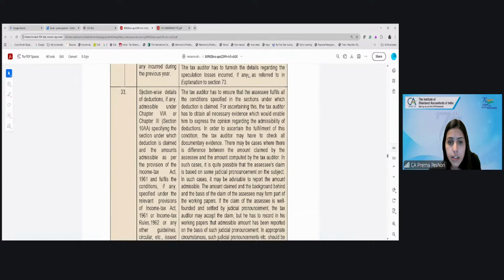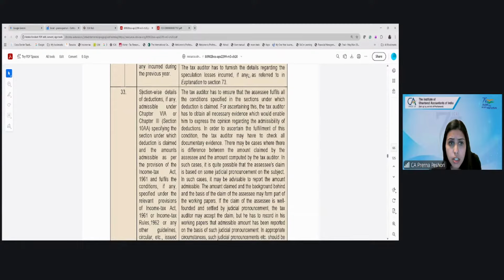whether there are any deductions claimed under Chapter 6A. So the tax auditor will need to see what is the business or the profession of the assessee, right? And what are the deductions which are claimed in the return of income? Whether 10AA deduction has been claimed in the books of accounts and also in the return of income.